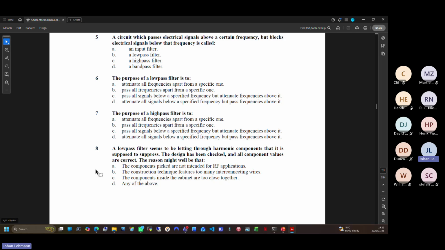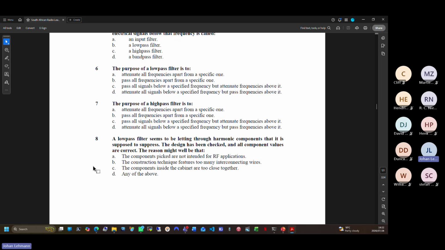And then the last question, 8, a low pass filter seems to be letting through harmonic components that it is supposed to suppress. The design has been checked and all component values are correct. The reason might well be that D, any of the above. Correct.